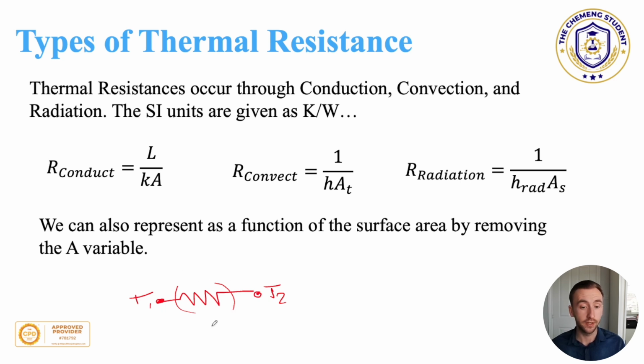So say this was for conduction, we would usually have T1, T2, and then we would say L over k A if we wanted. And so just in case you come across this and how you actually read it, this is how you express the resistance on a network diagram.